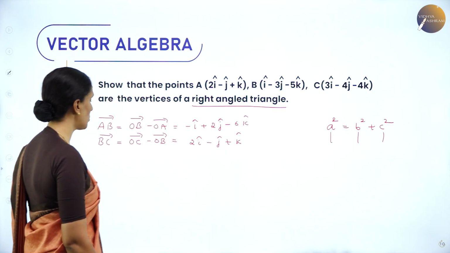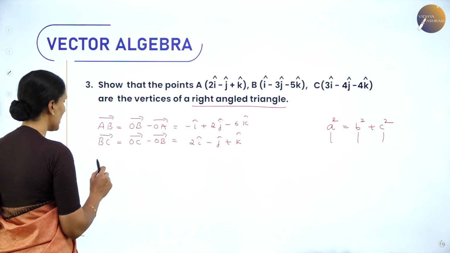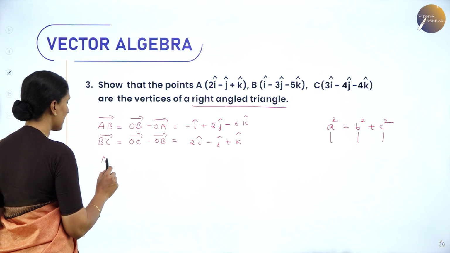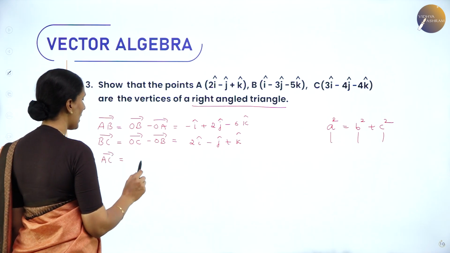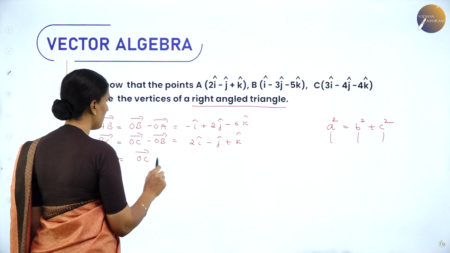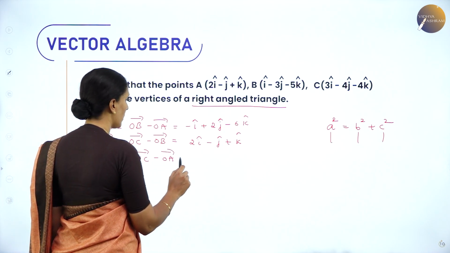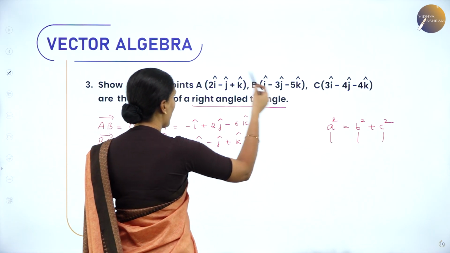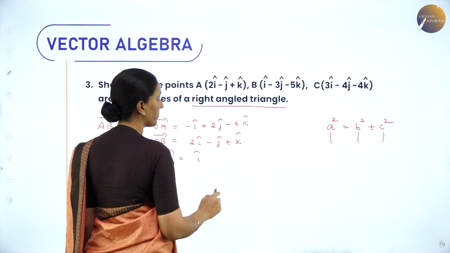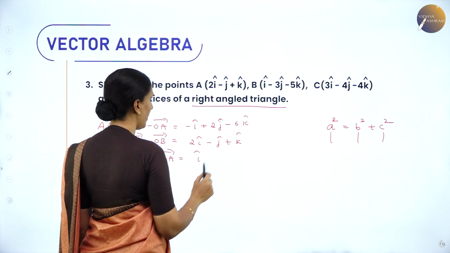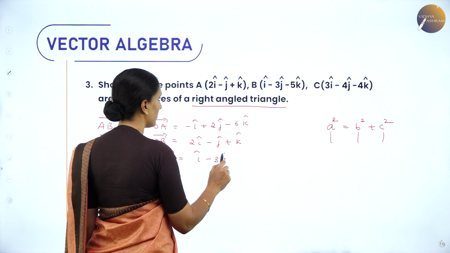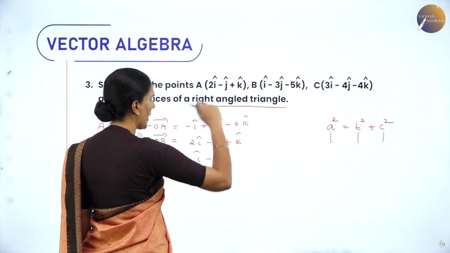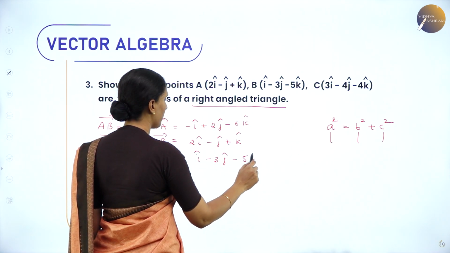So this is the vector BC. Next, the last vector AC. AC can be written as vector OC minus vector OA. So that is 3 minus 2i, minus 4 plus j minus 3j, minus 4 minus k minus 5k.